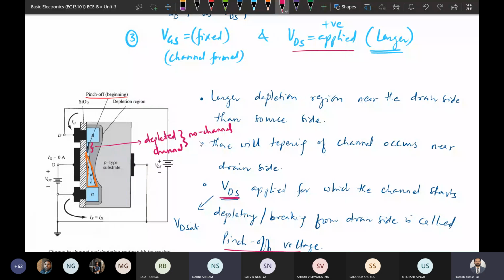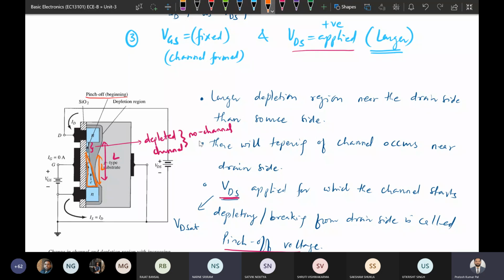This was the initial length of the channel, but because of the larger VDS value, the channel region reduces, and the new channel length is this only.